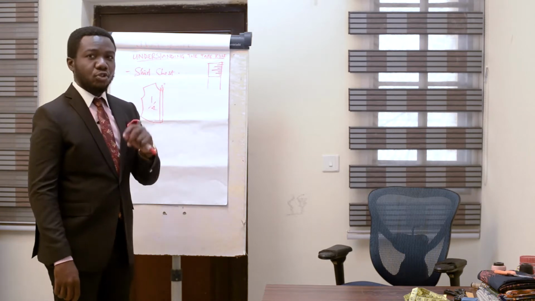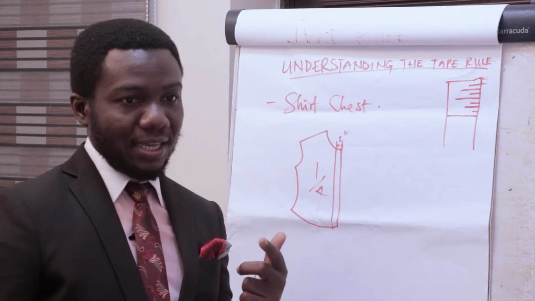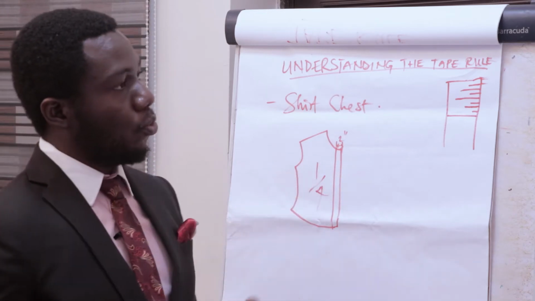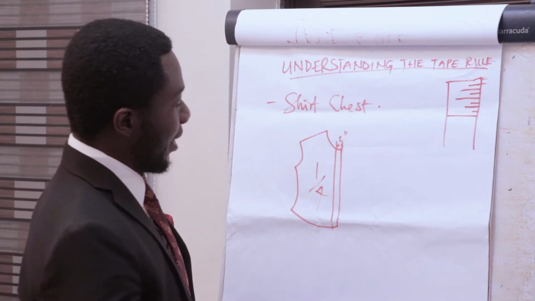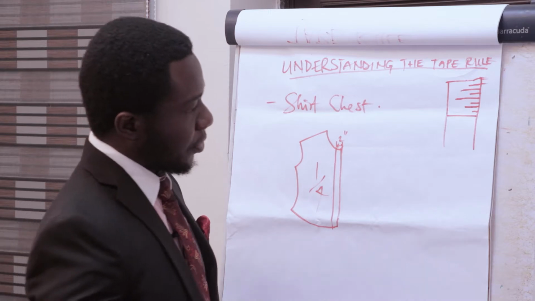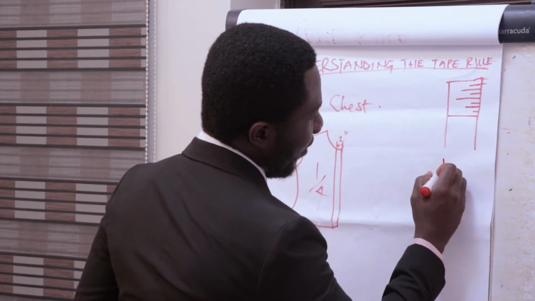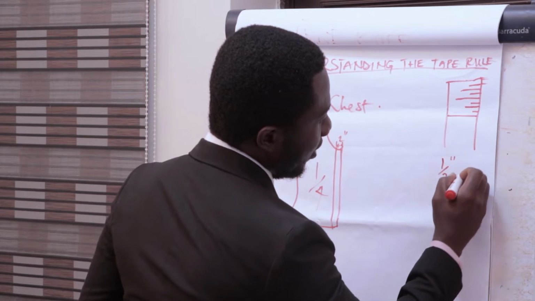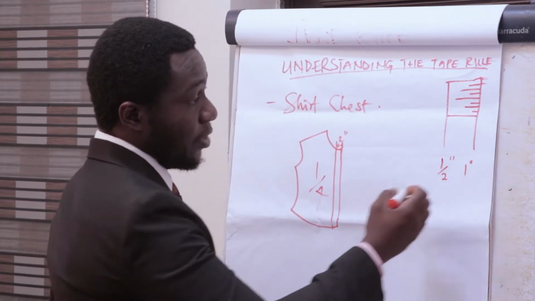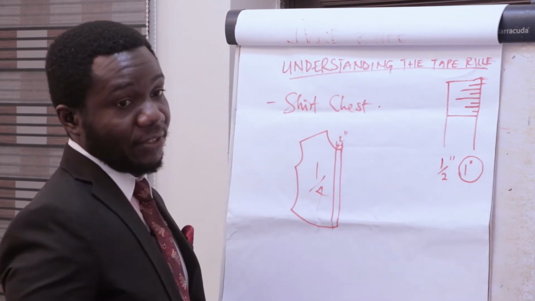So before you put in your sewing allowance, when you are creating a pattern, you have to look at the average of what people do. If you know most tailors use ½ inch, and there are some tailors that use 1 inch as their sewing allowance, it's better to use 1 inch when you are drafting a pattern.